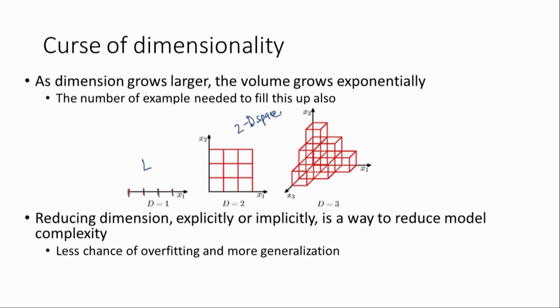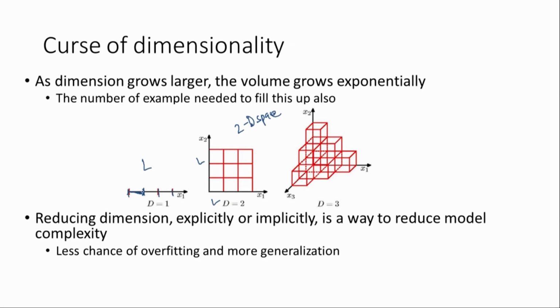again, we have x1 and x2, and both x1 and x2 individually can go from 0 to L. Just like in 1D we had unit intervals, the corresponding area here would be a unit square.